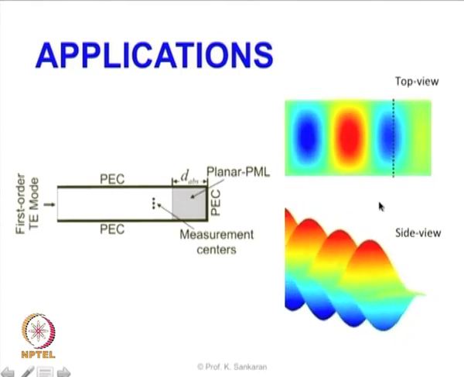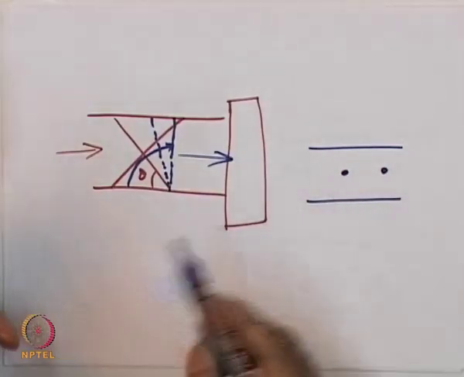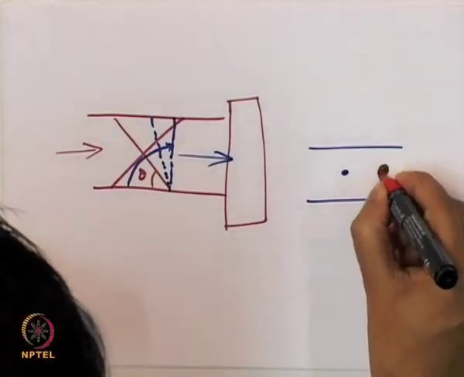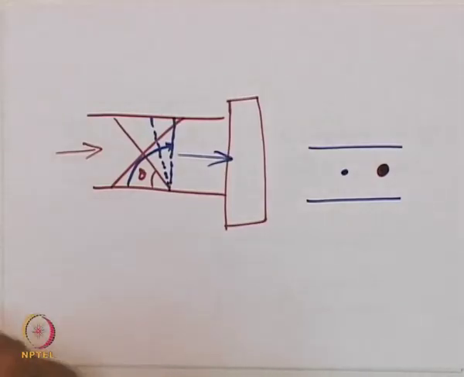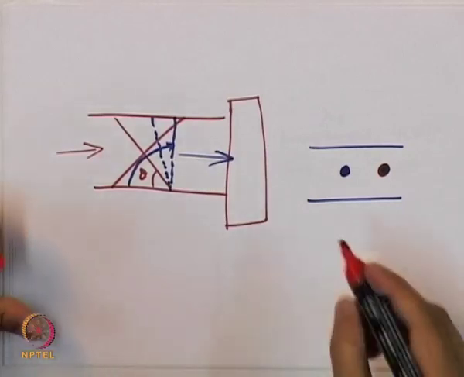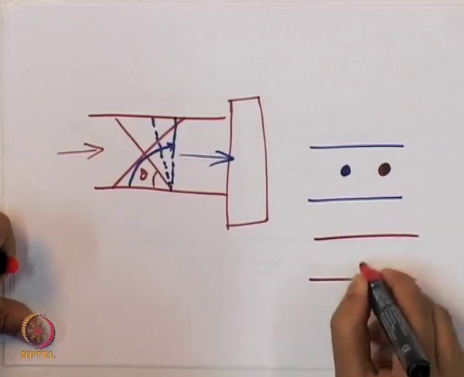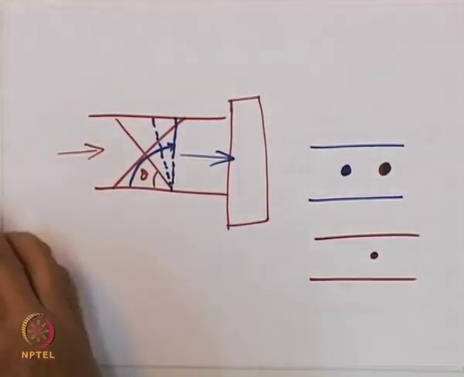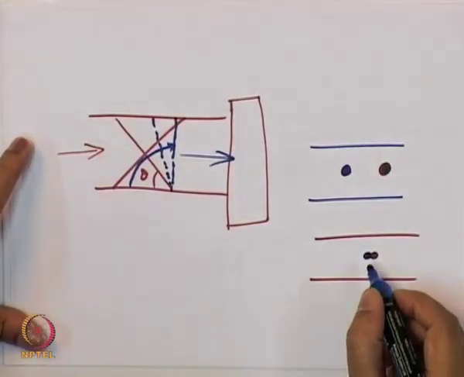Let us say for now, this is the distance between the blue and this is red, and this is blue. So what is happening is when theta is increasing, these will be coming closer and closer.